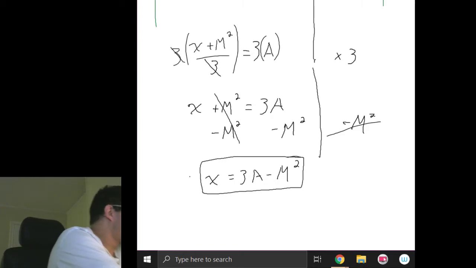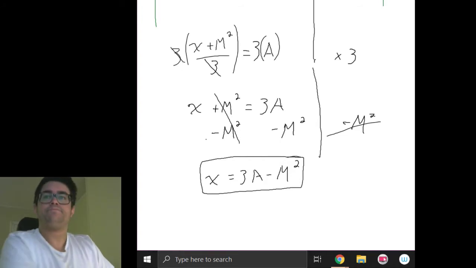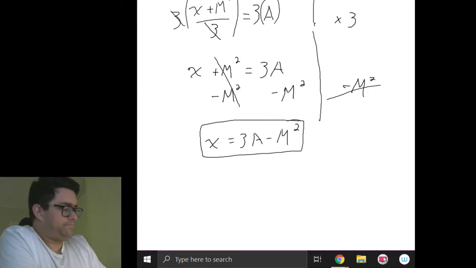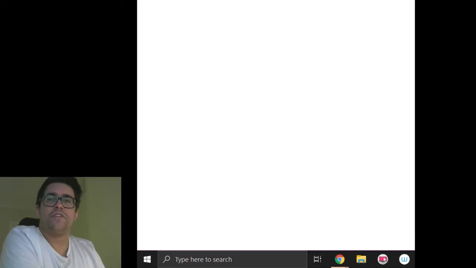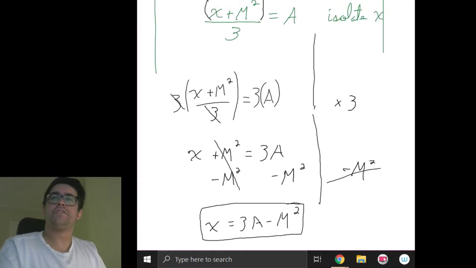Here's one we could do. I'm going to have to fix all the little things. I'm going to bring this second example, and that'll be it.